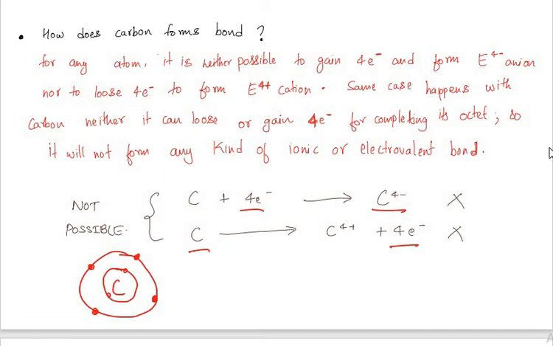These are the factors responsible in chemical bonding. So it is not possible to form either C4- or C4+, meaning it cannot give away completely 4 electrons or take completely 4 electrons from any element. So what would carbon do to achieve stability? It shares the electrons. It will form a covalent bond.